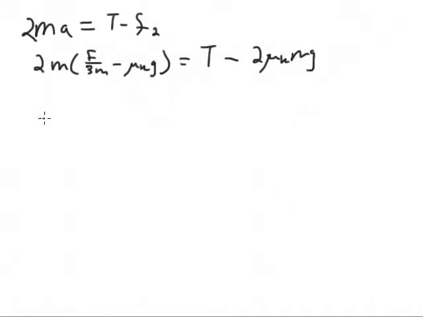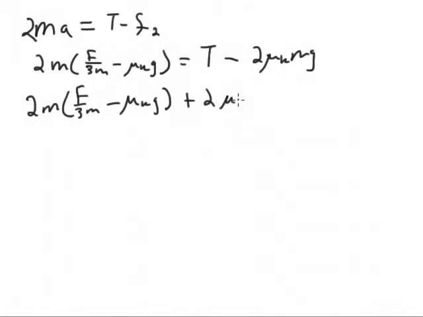We'll get this over to this side. Let's do this one step at a time. F over 3m minus mu k g, just rewriting that, plus 2 mu k mg is equal to the tension. And so we have tension in terms of given stuff. Now we just need to simplify this.